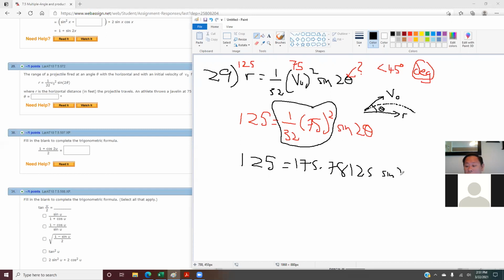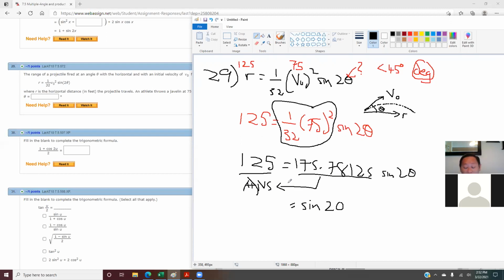Times sine 2 theta. And then what you do is, I want to get rid of this, so I divide it over here. So take your calculator out and do 125 divided by ANS. If you have a button called ANS, ANS means your previous answer, use that because you don't have to type all these numbers in there.